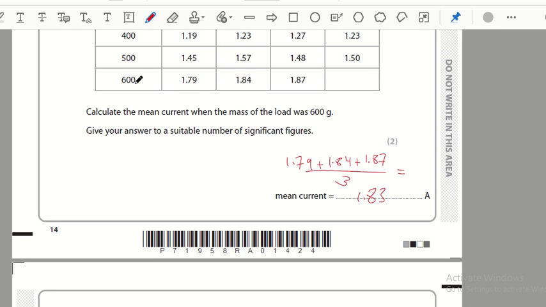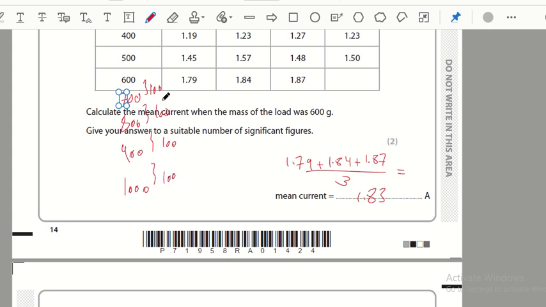So from 600, how many 100 gram increases do we have? You can count with me. Here is the first one, 100 gram. Here is the second one. Here is the third one. And here is the fourth one.